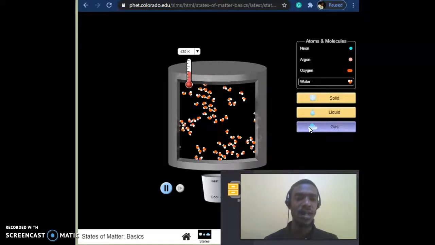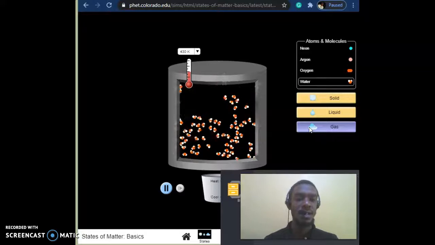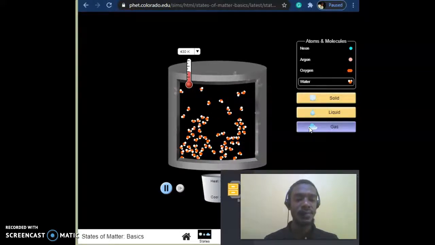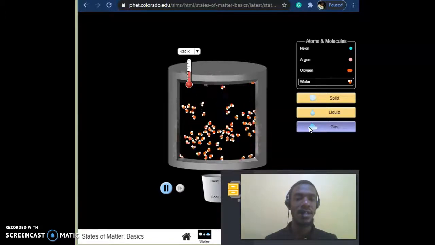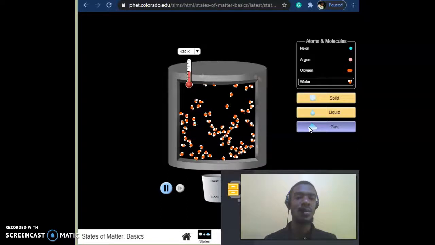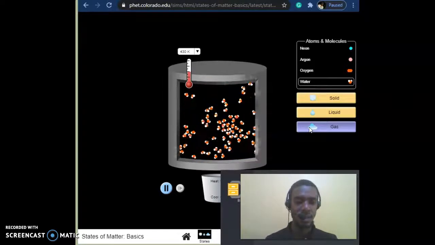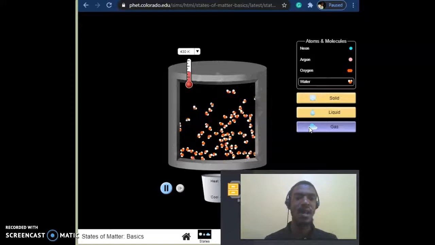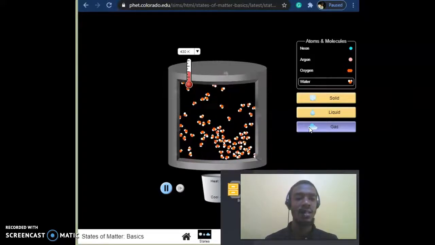So just to recap, according to the particle theory of matter, particles are in every state of matter: solids, liquids, and gases. These particles are very small, they are invisible. So all three states have invisible particles. That's the first thing. And also, the particles are always moving.